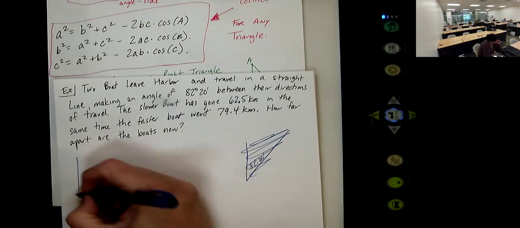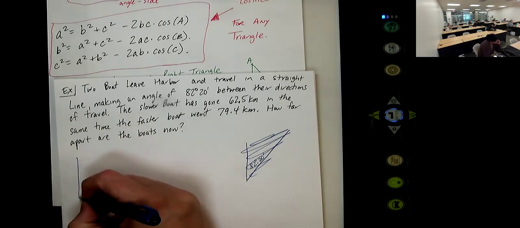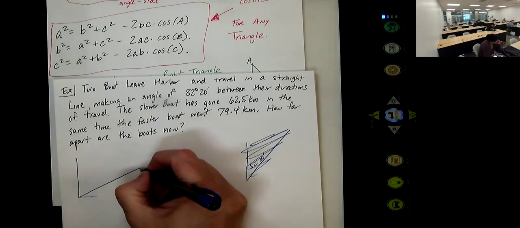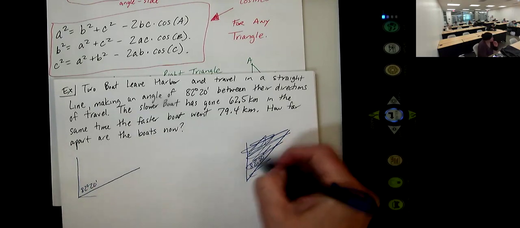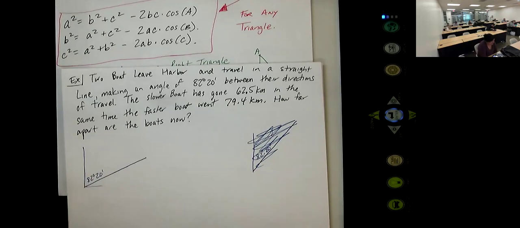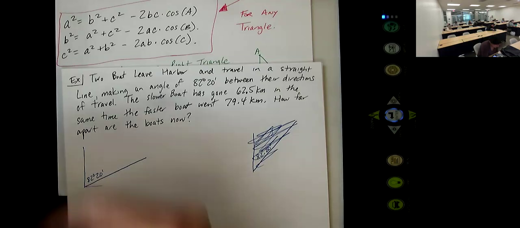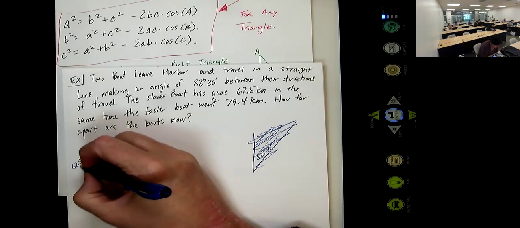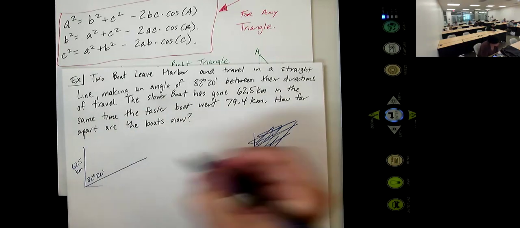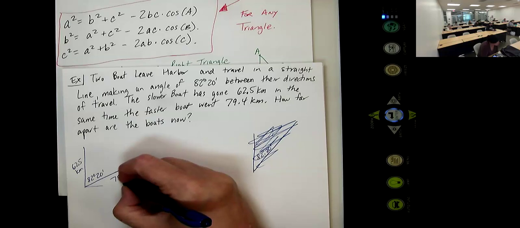Let's make it look a little more like that would be 90, so maybe that's 82. We'll do that. And we'll make the slower one be the vertical one, so it's got a shorter line. This is 62.5 kilometers, and that makes this distance 79.4 kilometers.